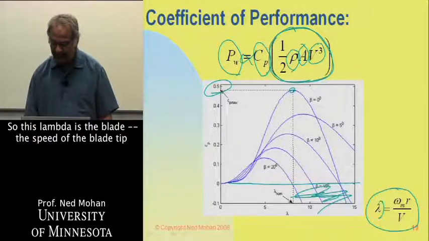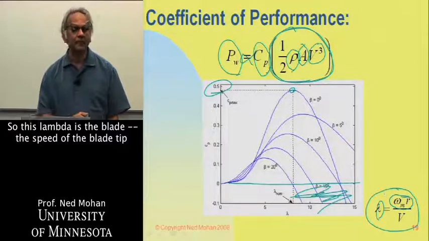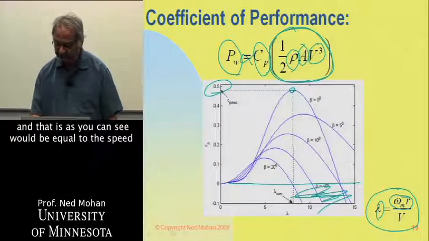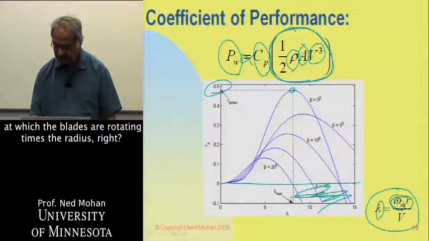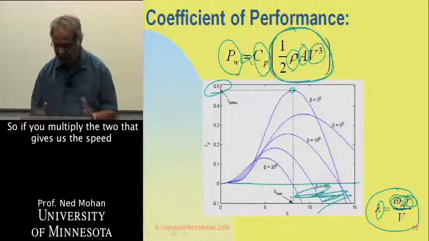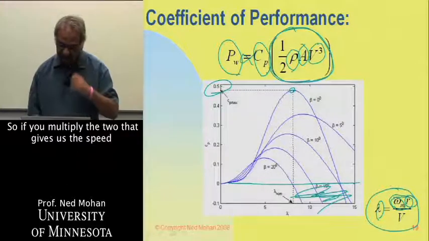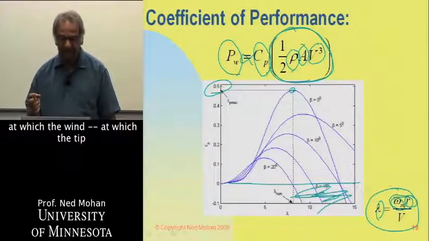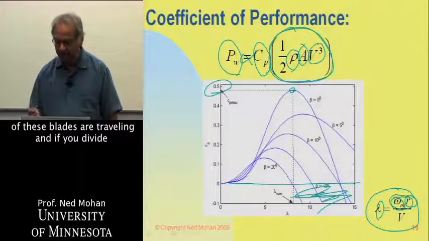So this lambda is the speed of the blade tip, and that would be equal to the speed at which the blades are rotating times their radius, right? So if you multiply the two, that gives us the speed at which the tip of these blades is traveling.